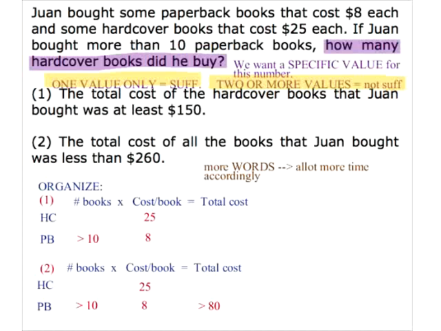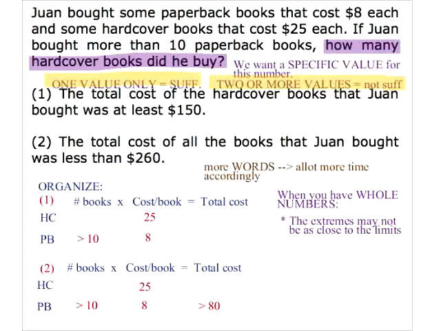Like when you have whole numbers, the first thing is that the extremes may not be as close to the limits. For example, 88 is not that close to 80. But more importantly, you can't just do algebra. You actually have to spell out the cases.